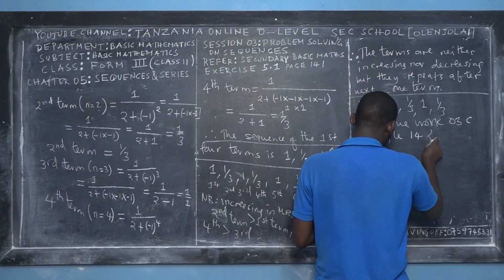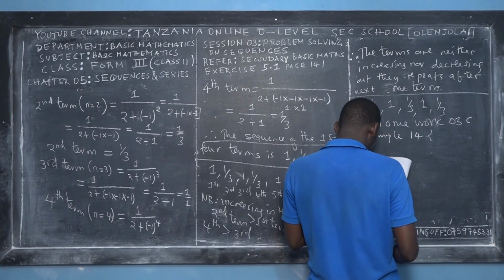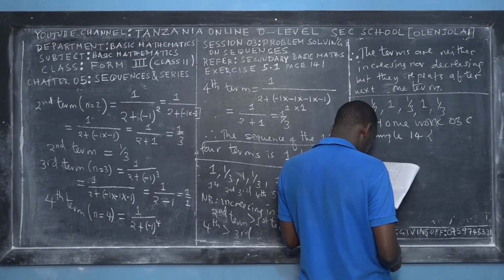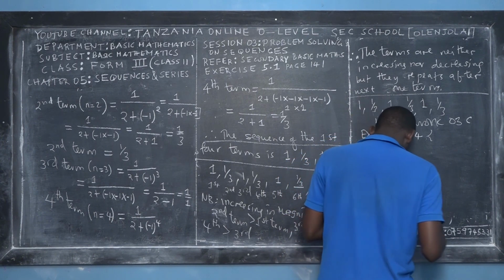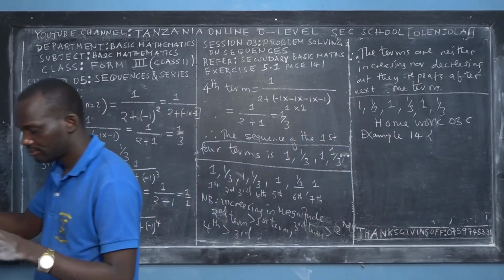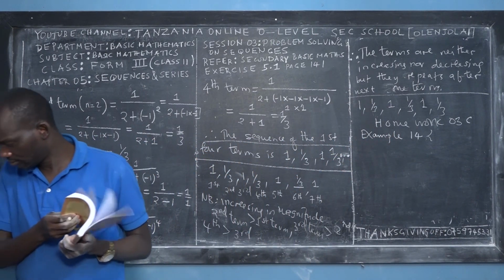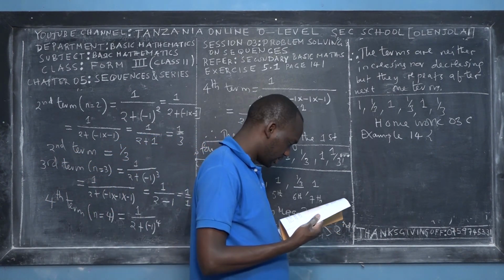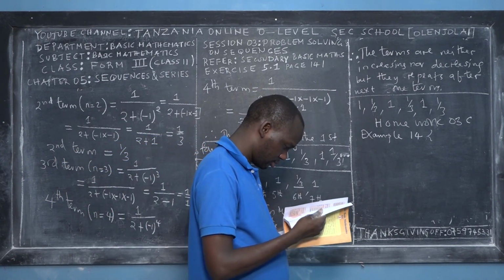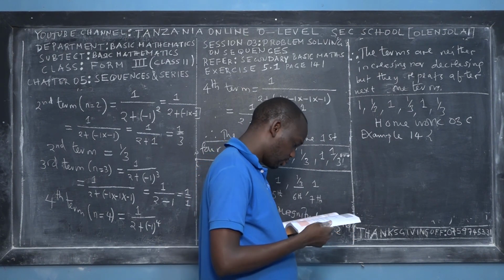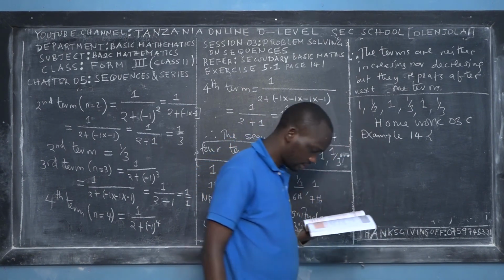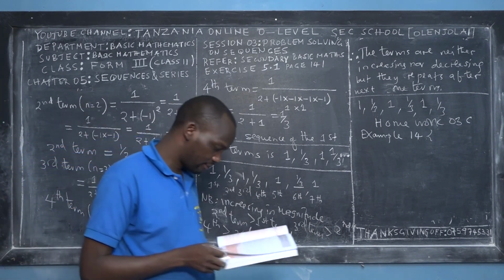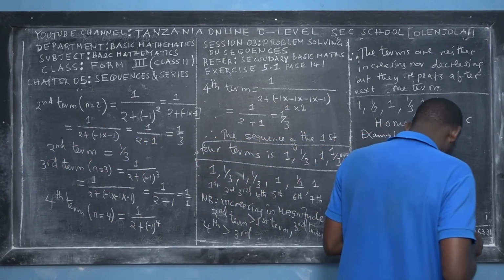If you refer to the reference, exercise 5.1, the first question is 3n minus 5.